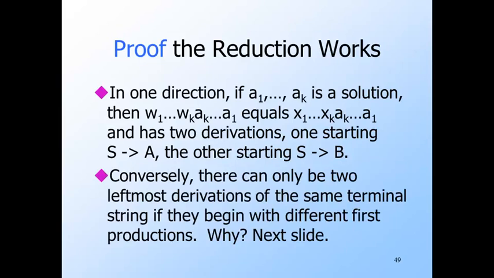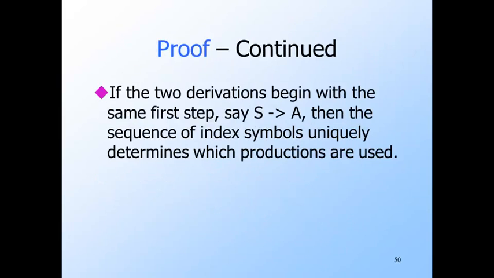For the converse, we're going to show that if there are two leftmost derivations of a string of terminals, then one must begin S goes to A, the other must begin S goes to B. Suppose there are two leftmost derivations that begin with S goes to A. Then we can look at the sequence of index symbols in the resulting terminal string in reverse and learn exactly the sequence of productions used.